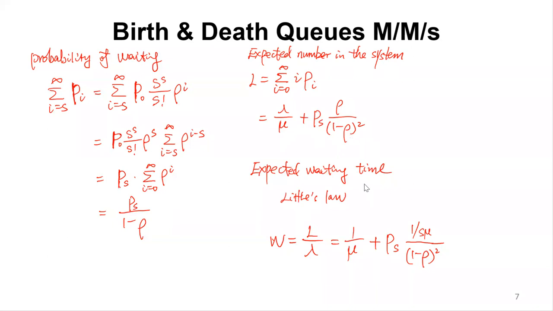Now, the expected waiting time we calculate based on Little's law, that is W equals L over lambda. So divided by lambda, because rho is lambda over S mu, this will become 1 over S mu. So this is the expected waiting time, the average waiting time in the system. This is the average number in the system. This is the probability of waiting.